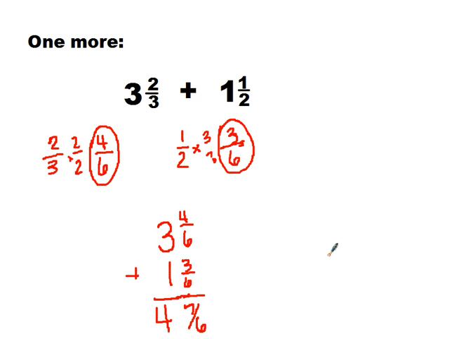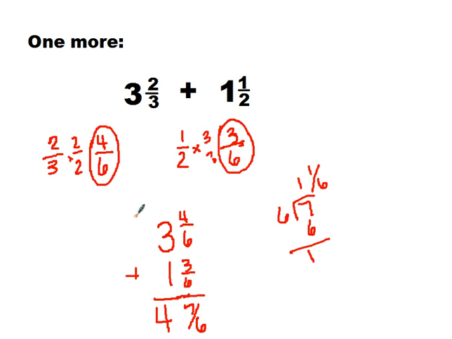So rather than borrow this time we're going to do some carrying. So I need to take my 7/6 and I need to turn that into a mixed fraction itself. So let's take 7 divided by 6, goes in once, 6, subtract, you get 1. All right, so 7/6 is the same as 1 and 1/6. But we also need to remember this 4 down here because it's part of our whole number.